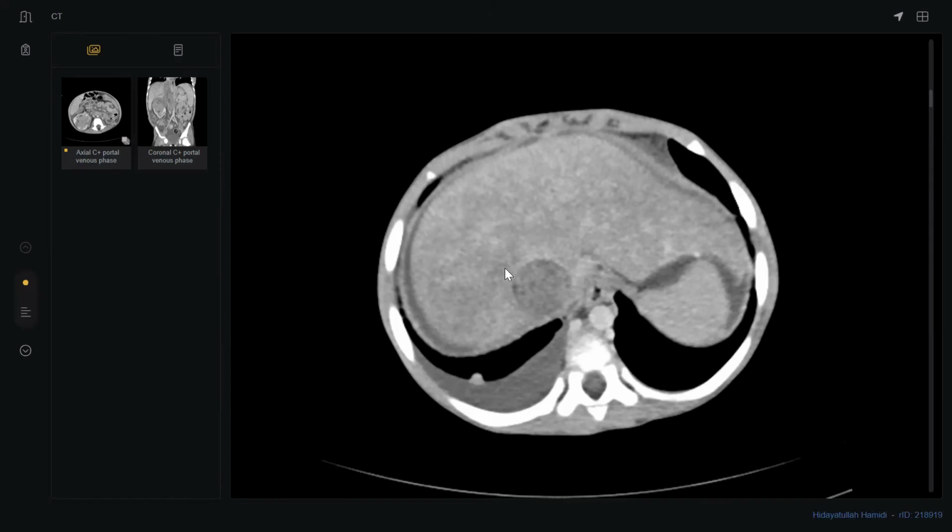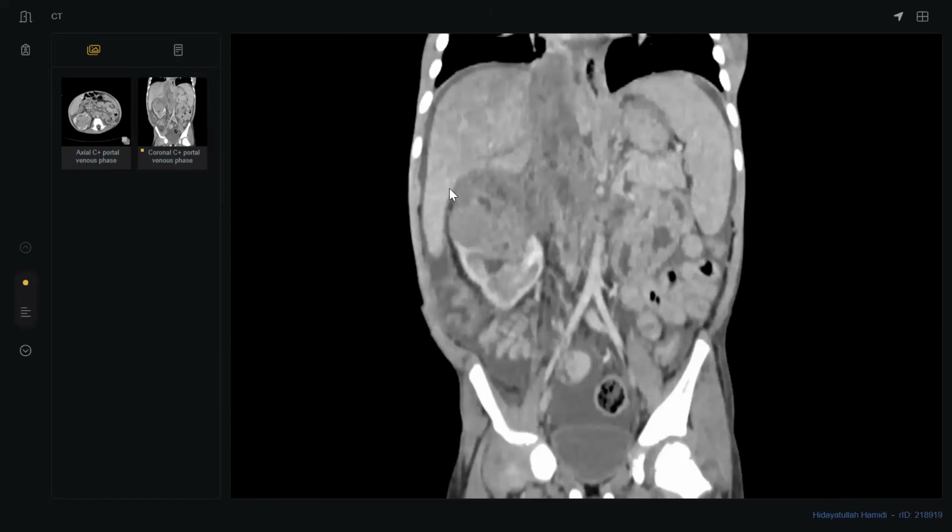On this scan, the thrombus is causing distension and has a heterogeneous appearance pointing towards malignancy, and its characteristics are also similar to the primary tumor. This is most important.